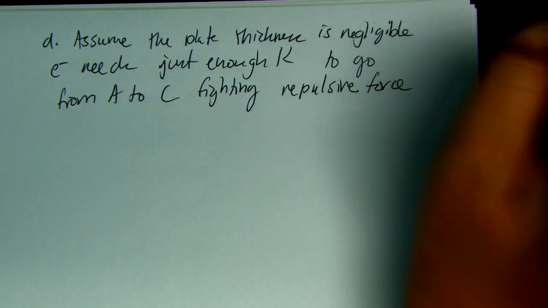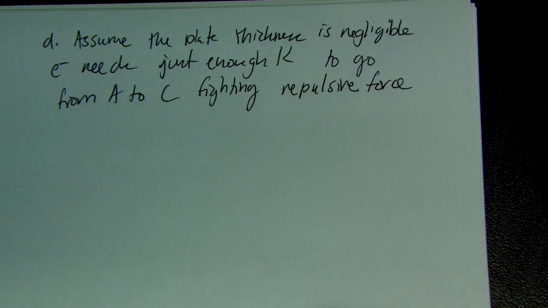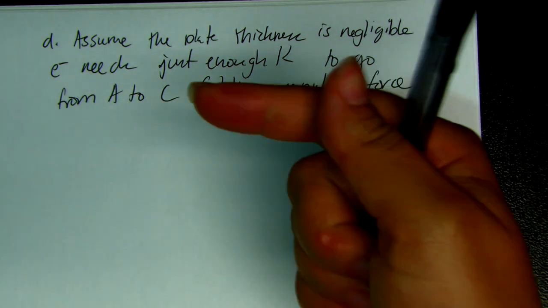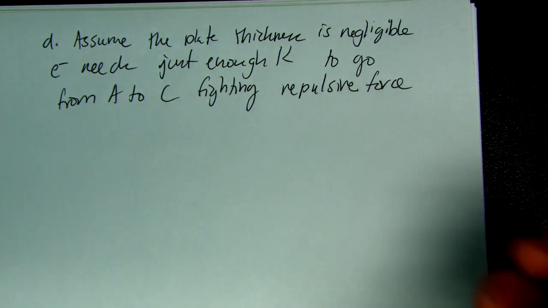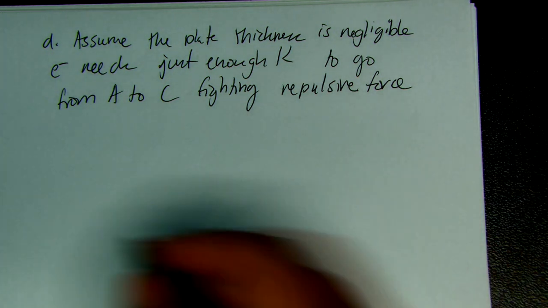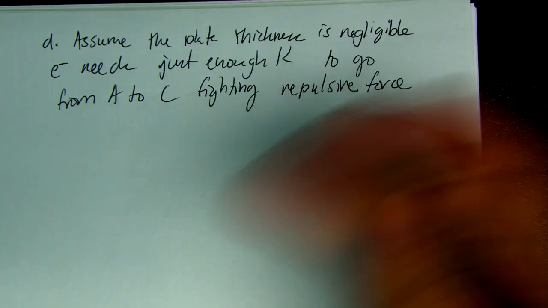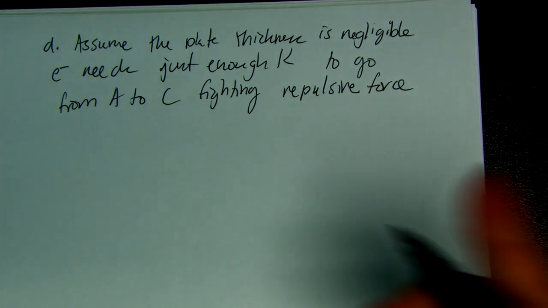So it is going to slow it down. If it slows it down to 0 at C, then we're fine. If it slows it down to 0 before C, then that repulsive force will send that electron back towards the other positive plate. Okay. And after it goes to B, it doesn't matter.